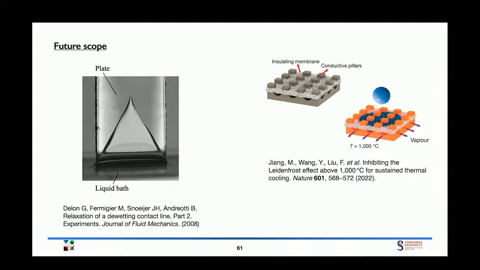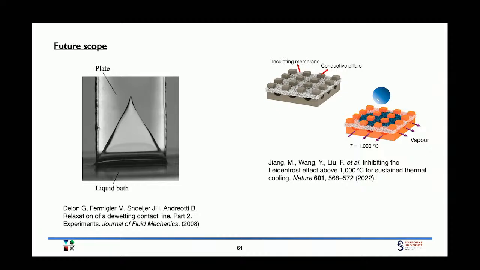And here you see a surface recently developed by Jiang, Wang, Quéré and others, which contains a conducting material infused with some porous media material. This porous media material would be sucking the liquid, is super hydrophilic, so it keeps sucking the liquid, and the conducting material provides heat to the liquid.